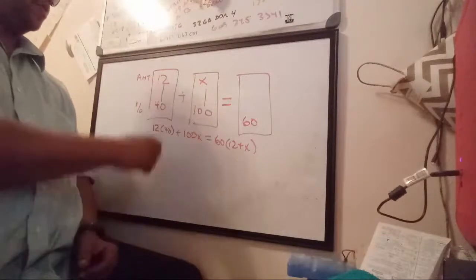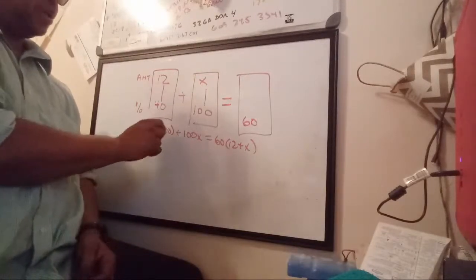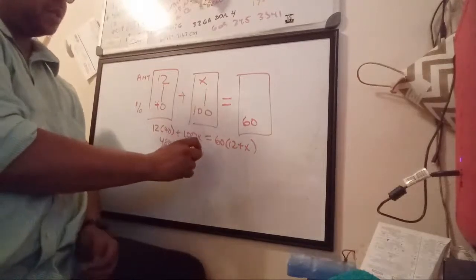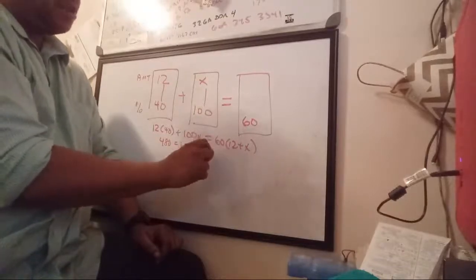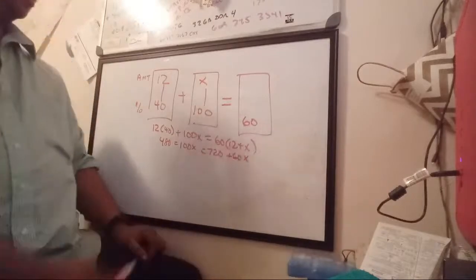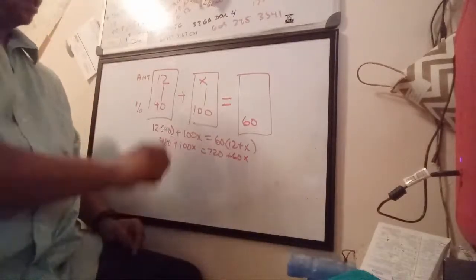12 times 4 is 48, we just add a 0: 480, plus 100x equals 6 times 12 is 72, we add a 0: 720, plus 60x. And why did I put a plus sign there? Because I'm crazy.